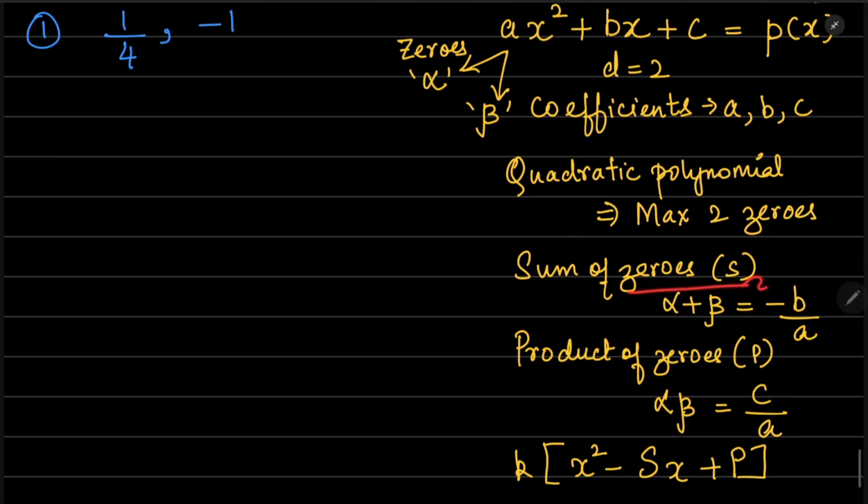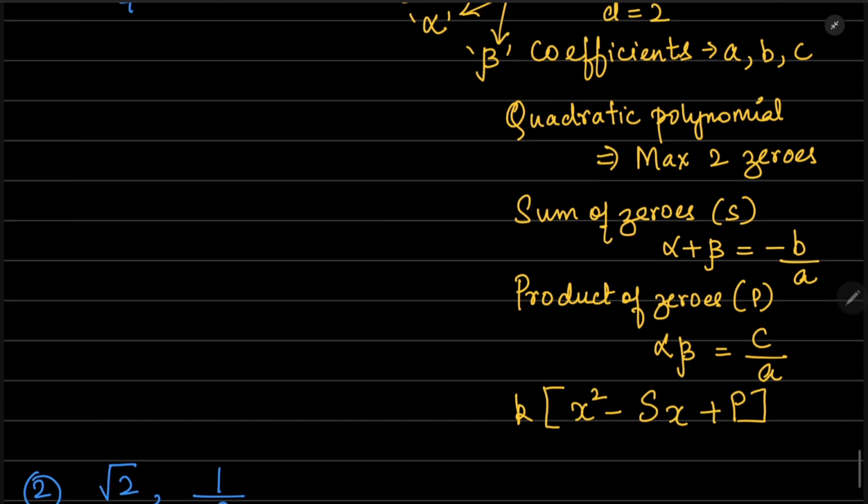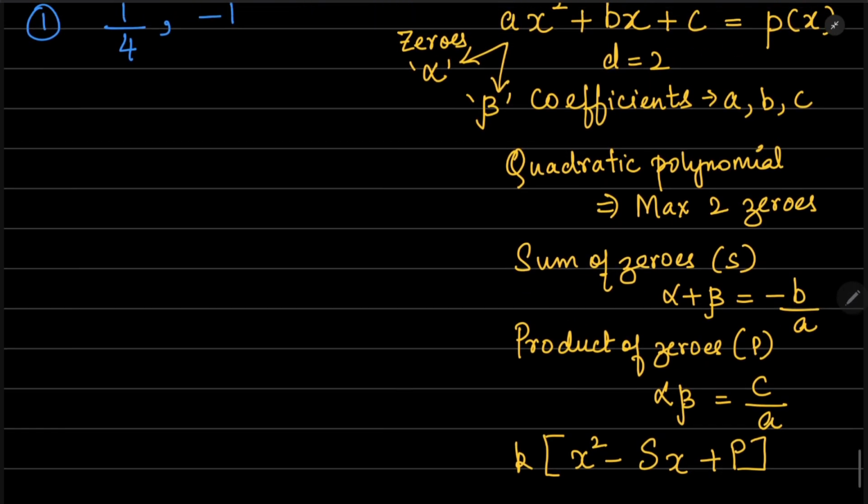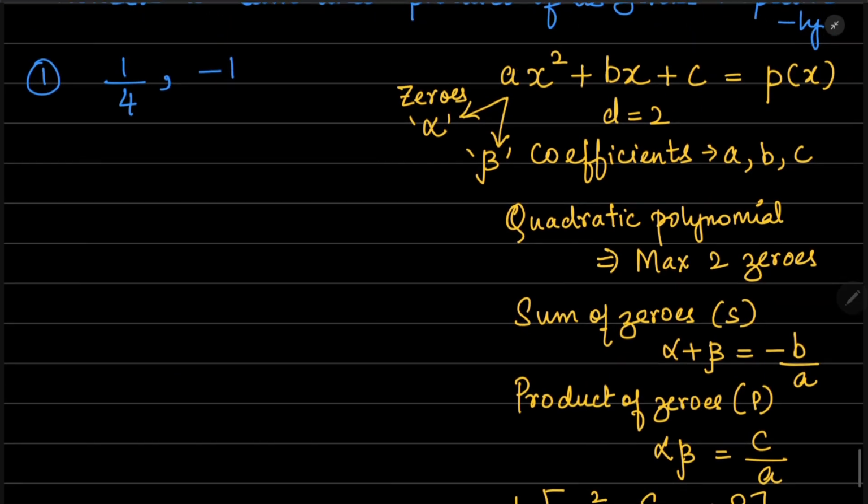Suppose you are given the sum and product directly, you can just substitute it in the formula, which is k multiplied by x square minus sx plus p, where s is the sum of zeros, p is the product of zeros. Mainly this is the thing needed for your chapter 2 polynomials.